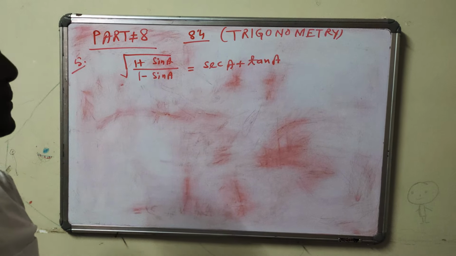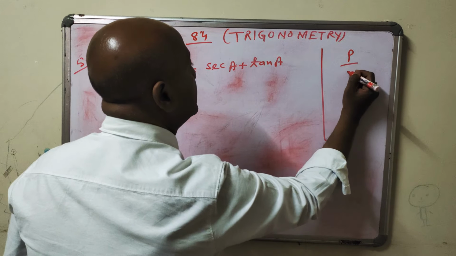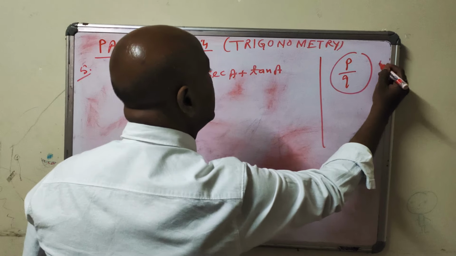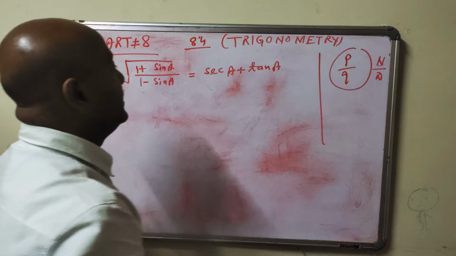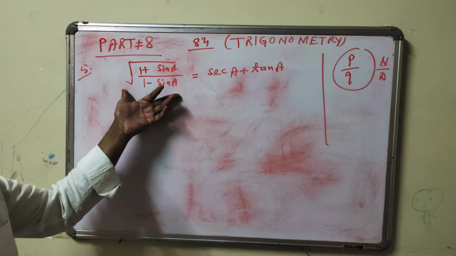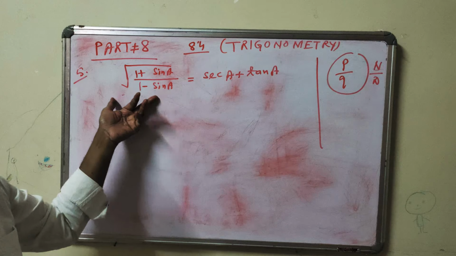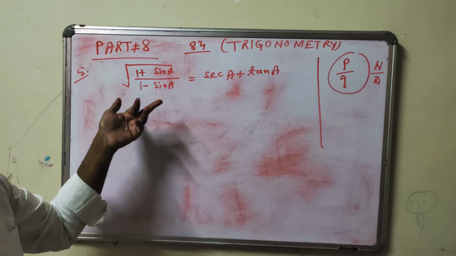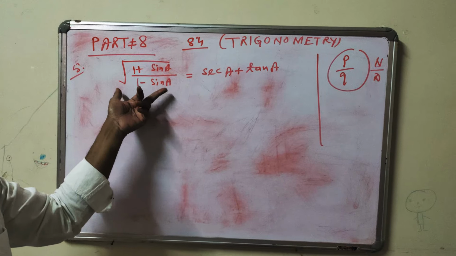How to determine? Yesterday I taught you that you should take the side which is in the form of P by Q, or numerator by denominator. Here the left part is in the form of P by Q. So between these two sides, I prefer to choose this side because it is in the form of P by Q.